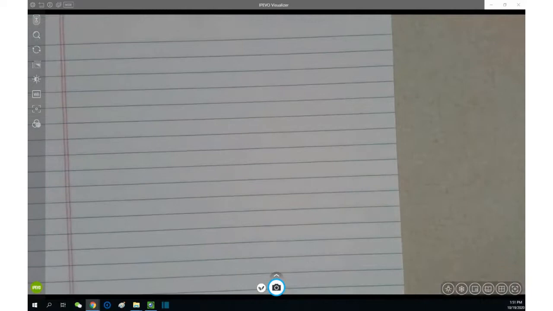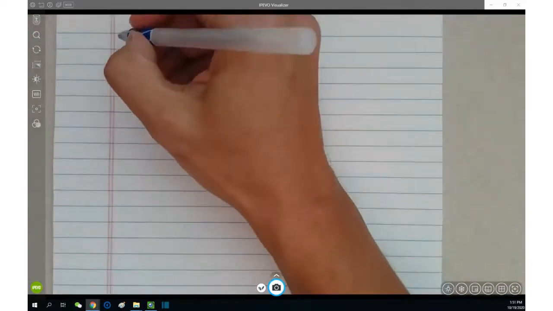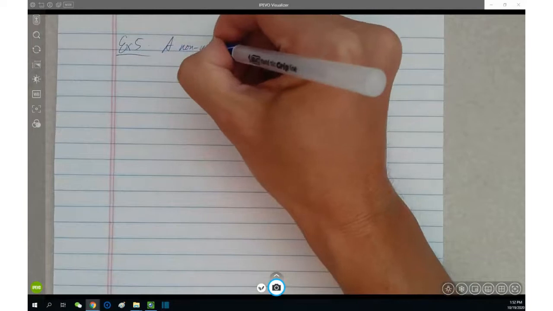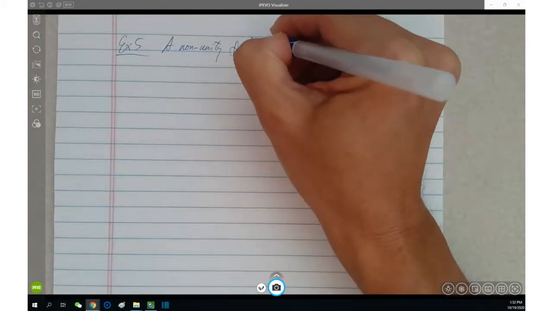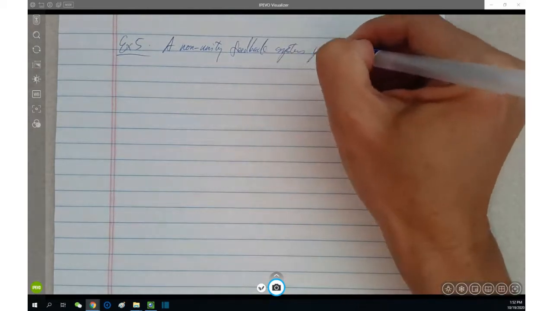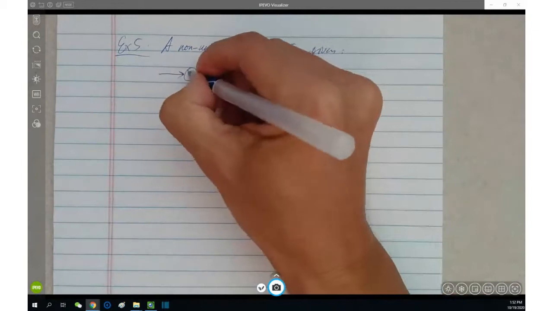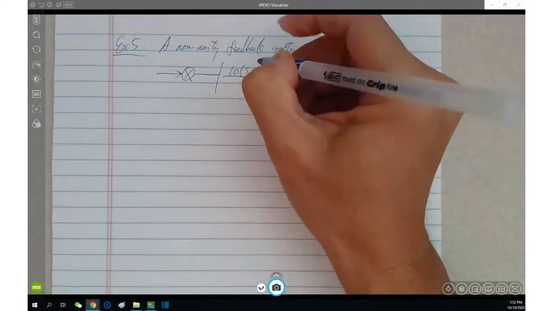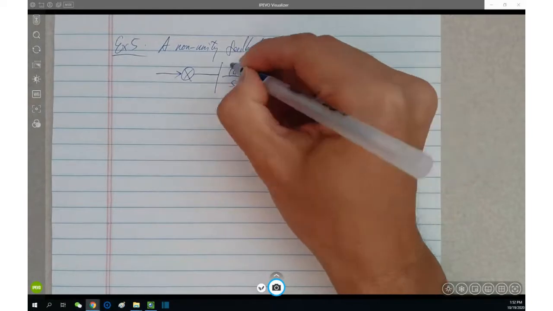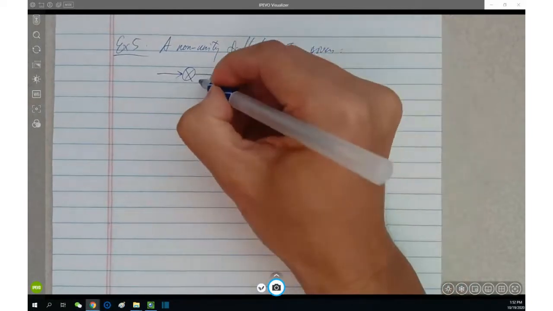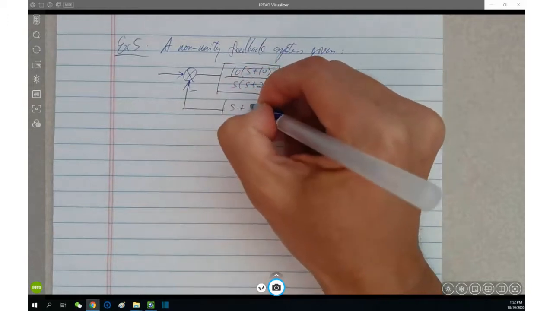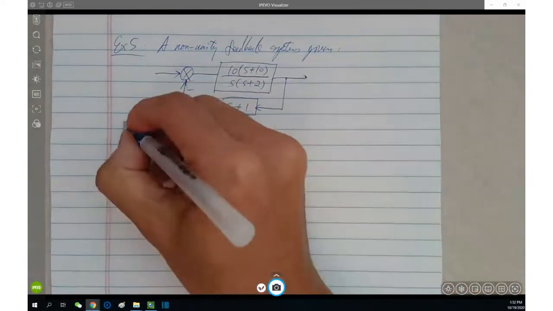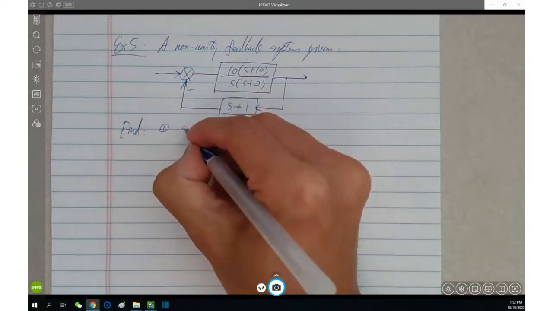All right. Next example. 5. And then a unity feedback system has this. And then find first the system type.